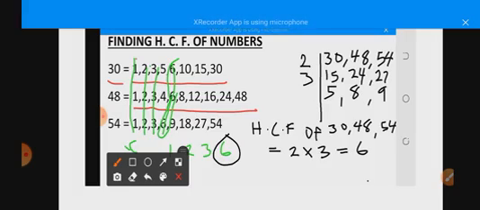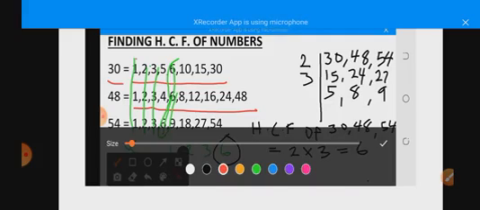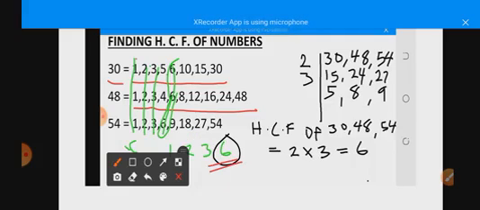And that was actually what we got earlier. You see, this is 6 here and this is 6 here. So in this approach, we need not start writing all the factors of each number. That's the simplified approach.